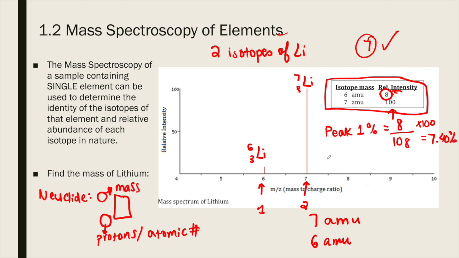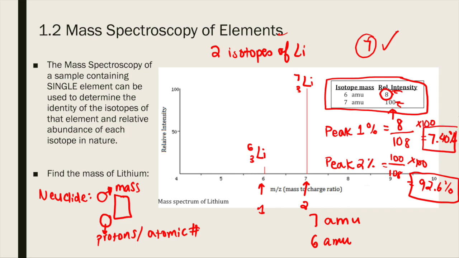Same thing with peak 2. Peak 2 percent would be part 100 over whole 108 times 100, and this would be 92.6%. So we just found the percent abundance of these two isotopes. All right?